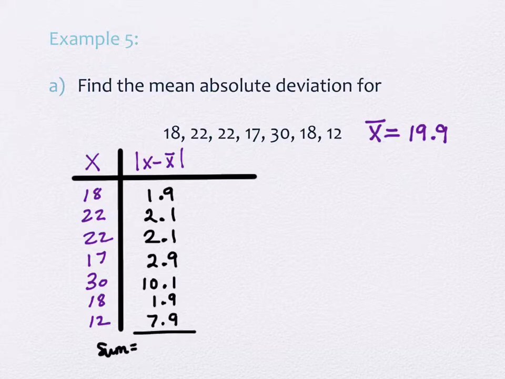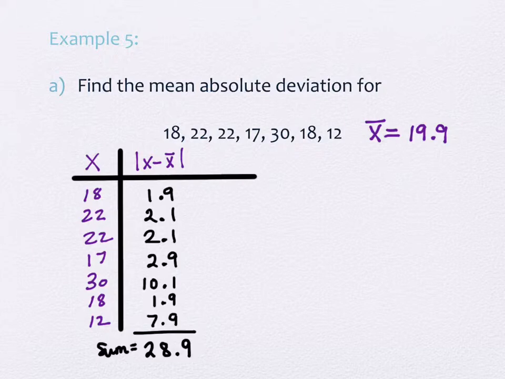So what do you get if you add them all together? What'd you have? 28.9. Good, that's what I have too. 28.9. Does everyone else have that too?